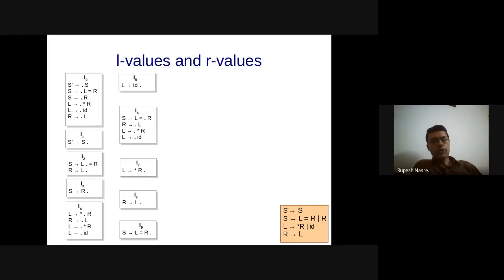For me, the state I2 seems to be very interesting. Can somebody tell me the reason? Right. So there is a shift reduce conflict coming into picture here. And why is there a shift reduce conflict?